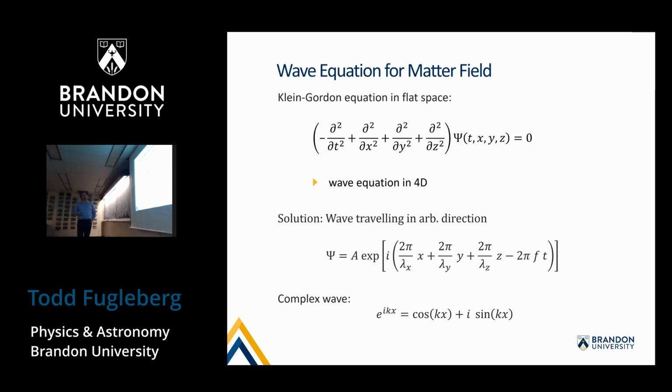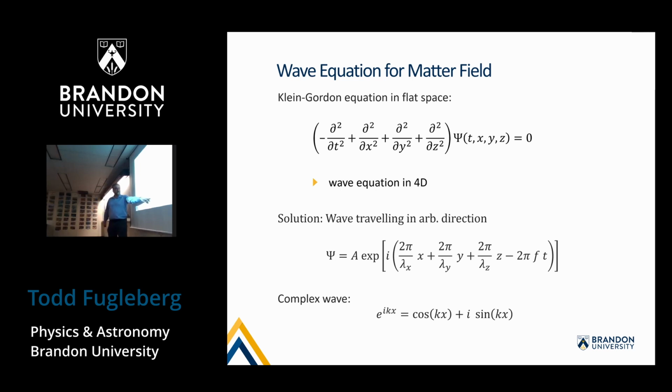And you can actually solve this, find the function that satisfies this. This is a wave traveling in an arbitrary direction. Now, first off, this exponential doesn't look like a wave. But I'll just tell you, for those of you who don't know, e to the ikx, a complex exponential, has a cosine piece and a sine piece. And don't worry about the complex parts of it.